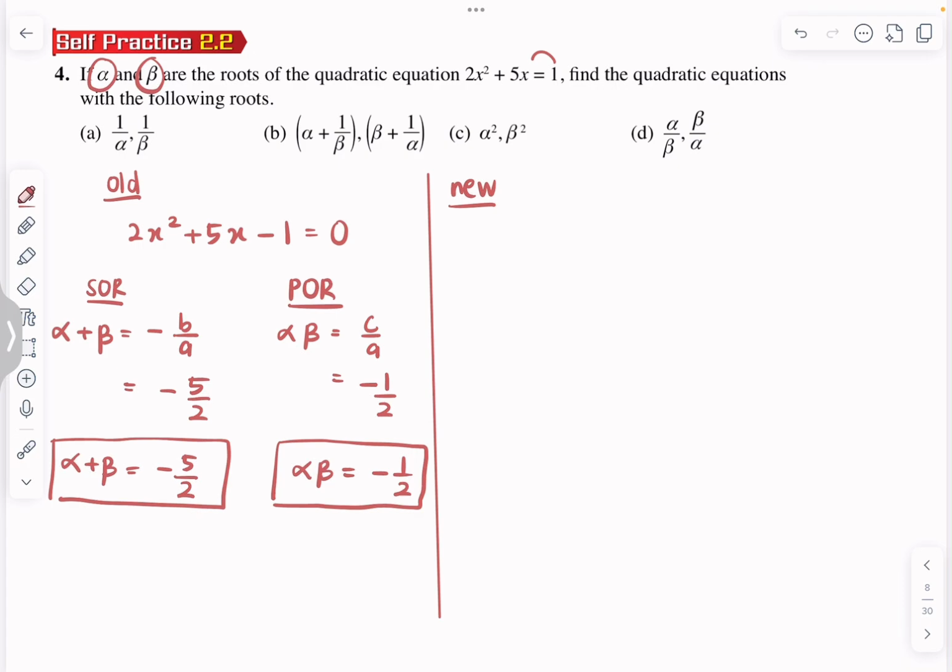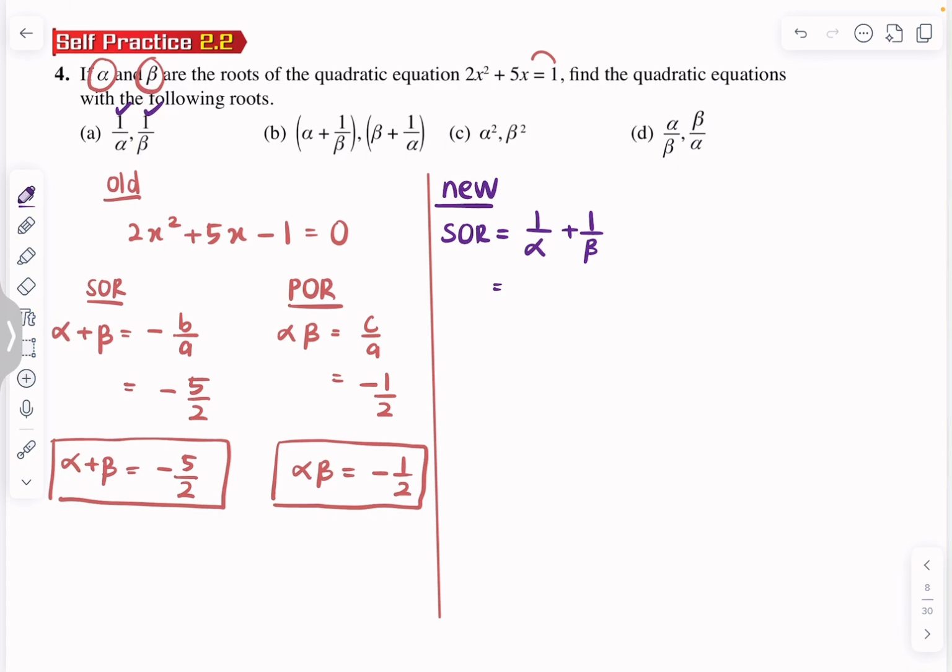Okay. Now let's look at our new equation, new roots and all the new sum of roots, product of roots, everything. Our new roots are this and this. So let's find our new sum of roots. It will be 1 over alpha plus 1 over beta.